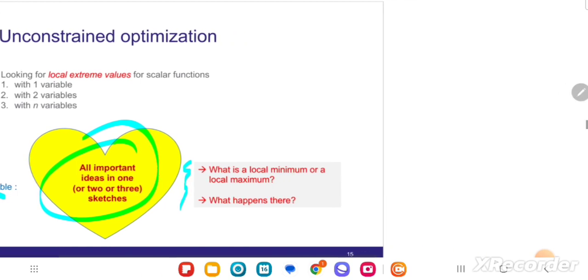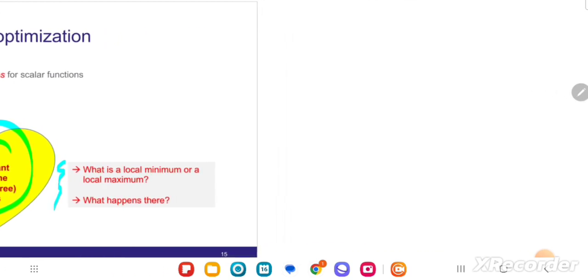Okay, so let's do that. What is a minimum or a maximum value? A local one, at least. A local maximum is a place where all the values of your function, locally, are below that value.